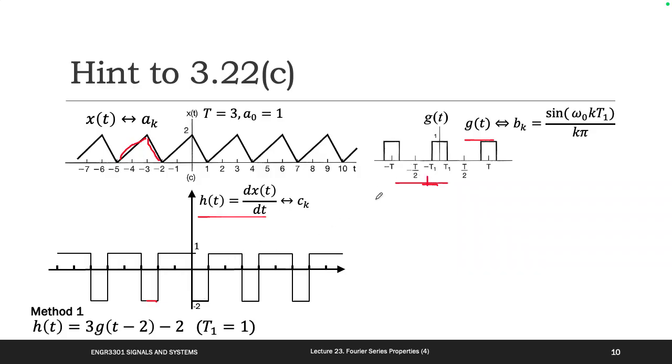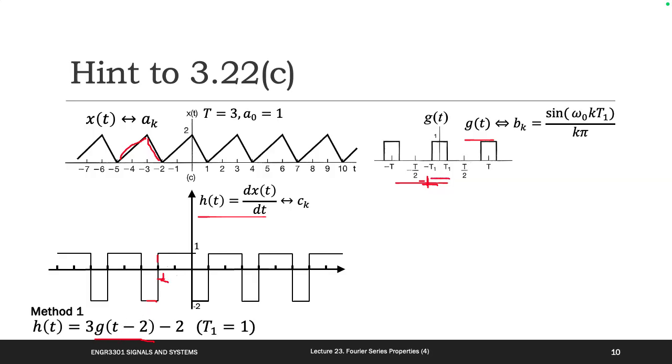So you need to move the 1 to 3, am I right? Move the -1 to this part. That makes sense to you? Which means it should be -2.